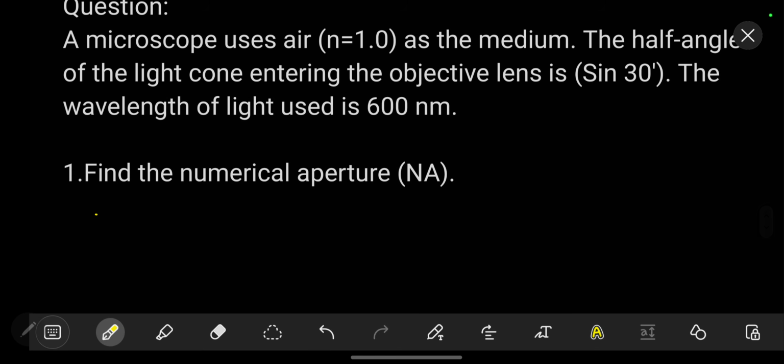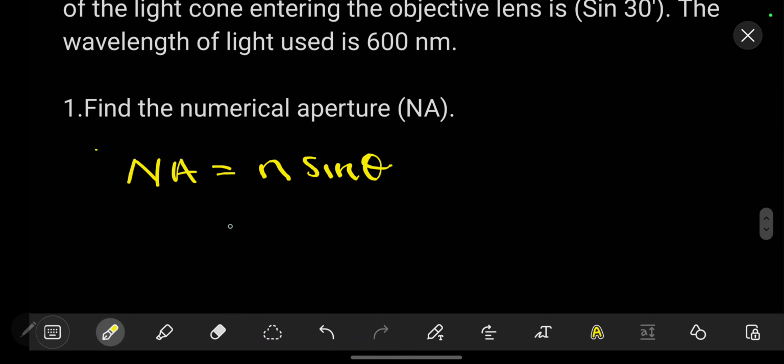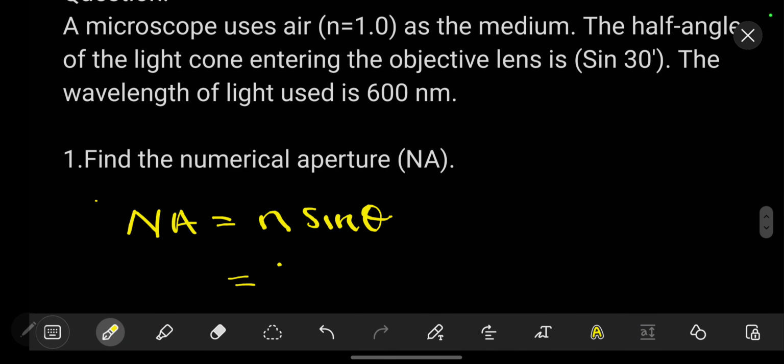So let's say we have a problem like this. The microscope uses air with refractive index equal to 1 as a medium. The half angle of the light cone entering the objective lens is 30 degrees. The wavelength of light used is 600 nanometers. First, let's find our numerical aperture. The numerical aperture is equal to n sine theta. n, our refractive index, is 1.